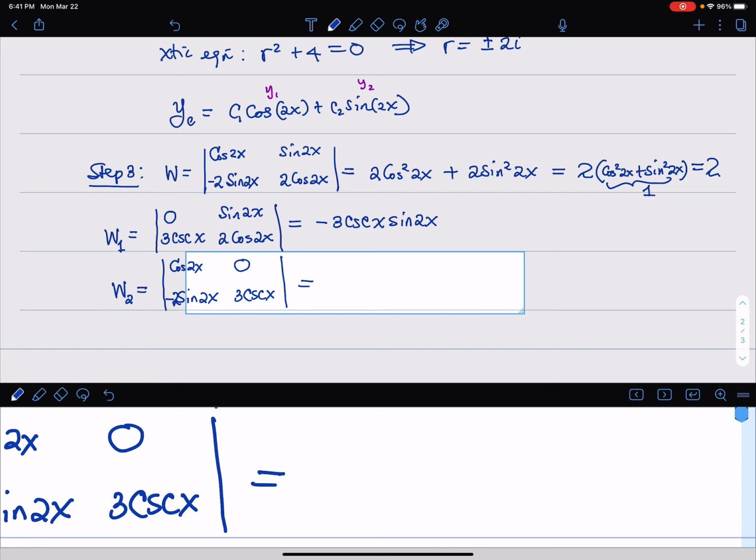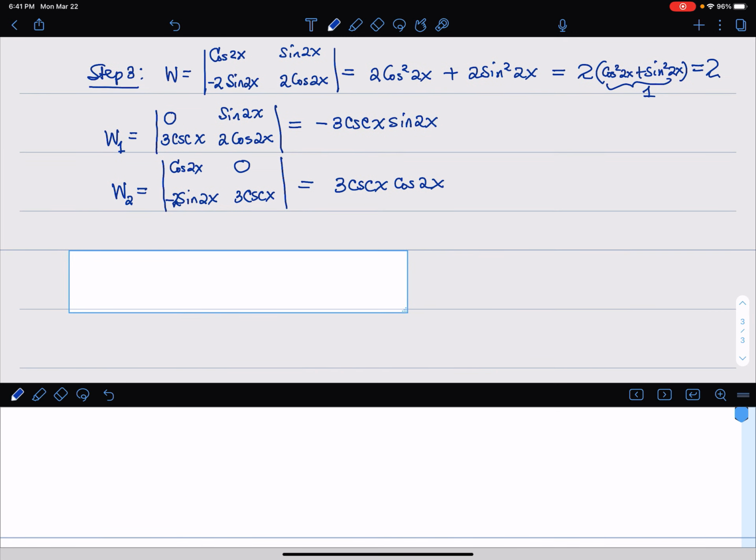So in this case we get 3 cosecant of x cosine of 2x. Okay, so we need to find the u's now.